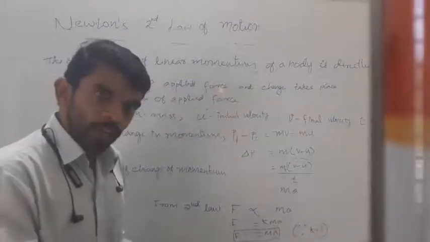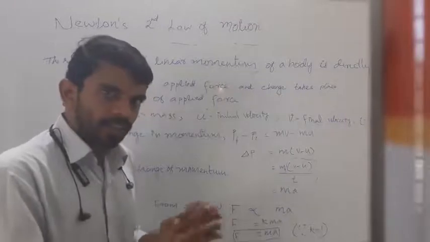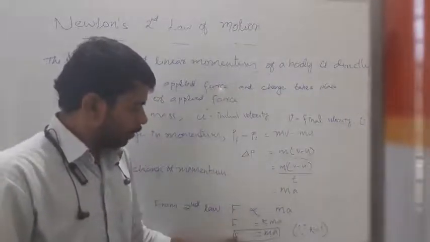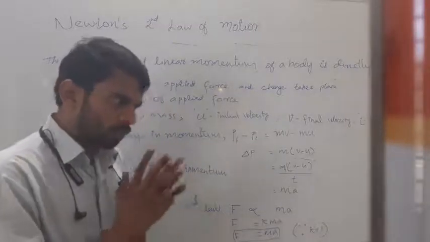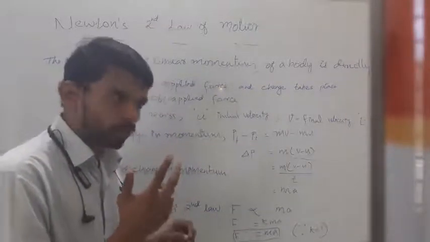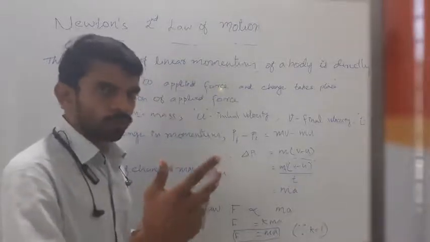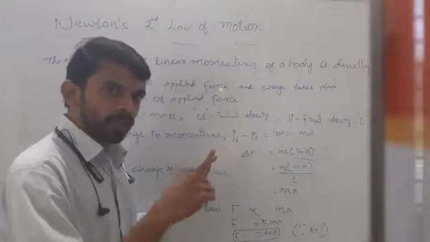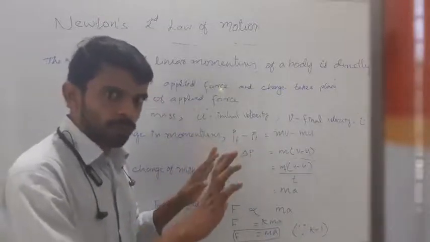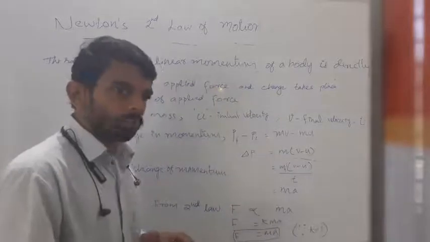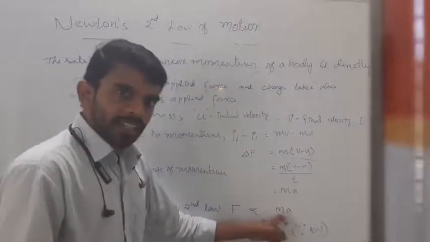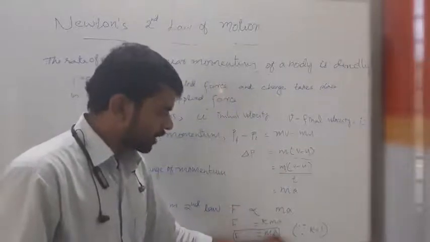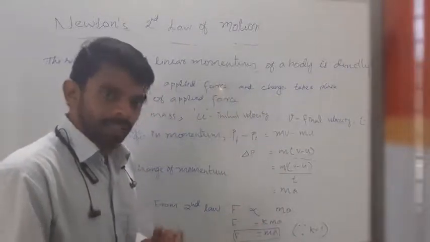For a given mass, we are considering two cars and applying two magnitudes of force. One is F and the other is 2F. On one car we apply force F, on another car we apply twice the first force, that is 2F. Then which will be accelerated more? The second car will be accelerated more. So if force is increased and mass remains constant, then acceleration will increase.